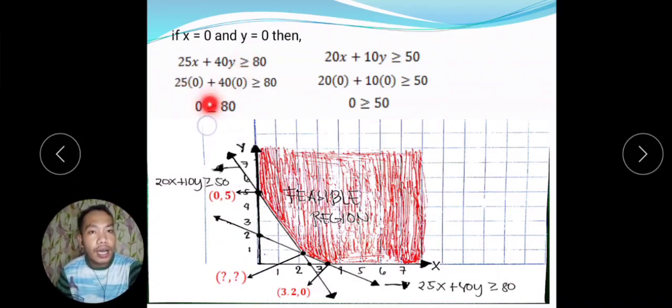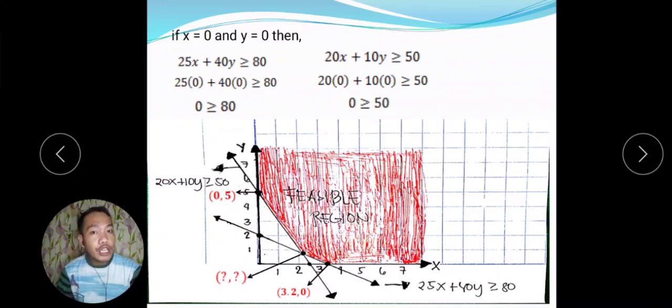So it is wrong. So to say, this one should be above, because 0 is greater than or equal to 80 is not true. So, above. And now, another one, 20x plus 10y greater than or equal to 50.